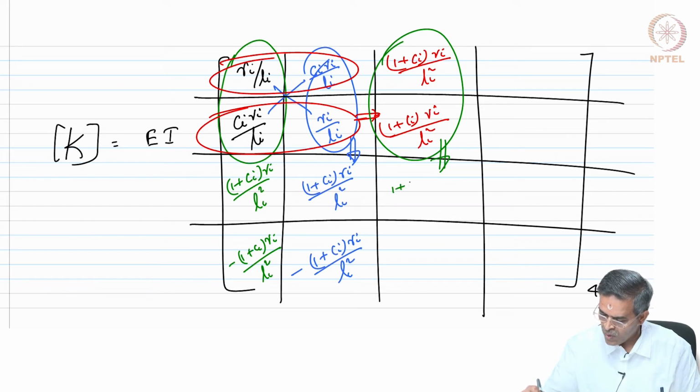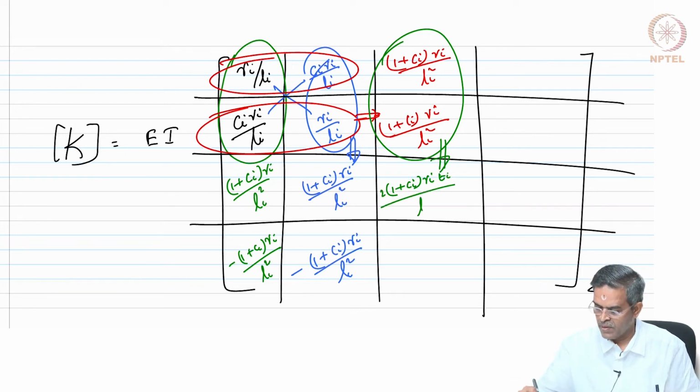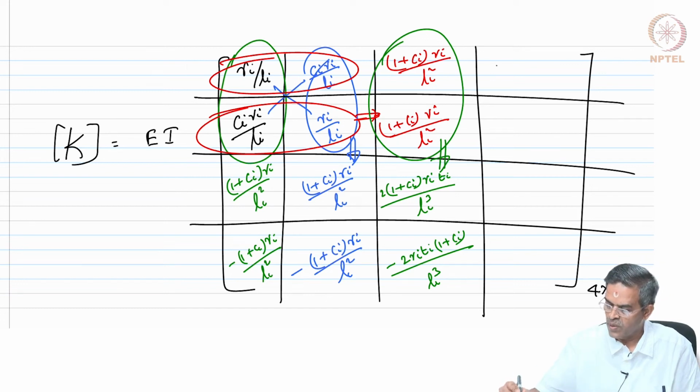So, I should say 1 plus Ci Ri twice, but I introduce a new coefficient Ti, and this is minus of that. The fourth one, of course, is negative of the third one.